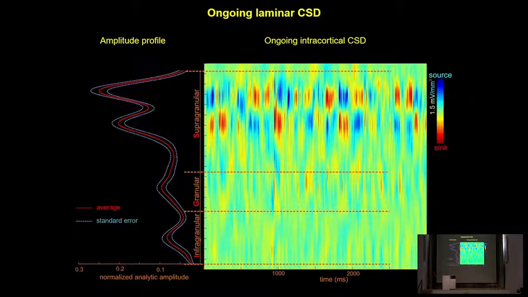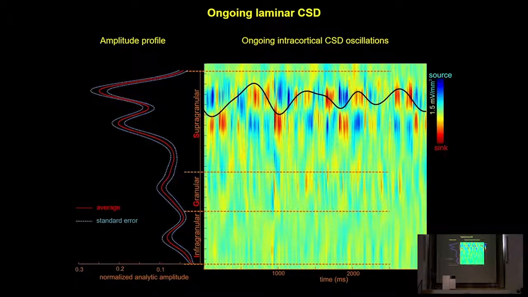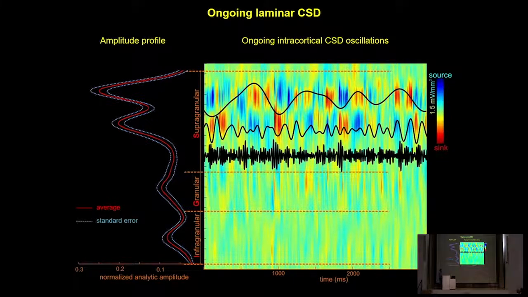Now, this is obviously not a simple sinusoidal oscillation, but if I overlay the delta band filtered waveform, you can indeed see rhythmic reoccurrences of these stronger sink-source pairs in the supragranular layers with some higher frequency oscillations superimposed on it.